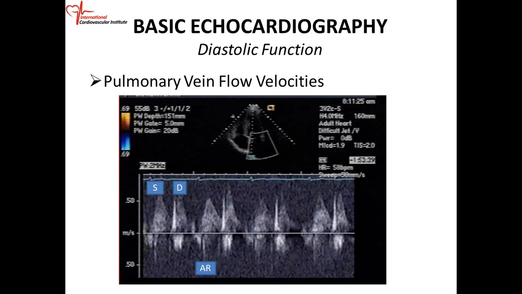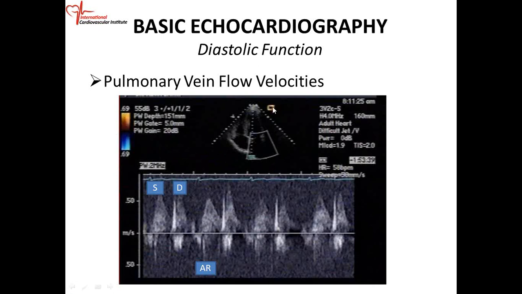In diastole, when the mitral valve opens and blood is flowing from the left atrium into the left ventricle, you still have blood flowing from the pulmonary veins into the left atrium. But when the atrium contracts, so at the end of diastole, then blood is forced backwards into the pulmonary veins, and that is why you get this atrial reversal.